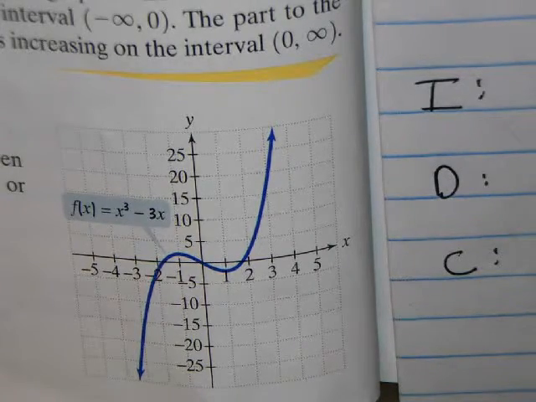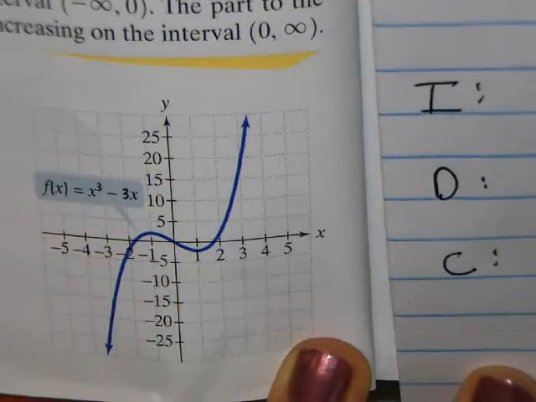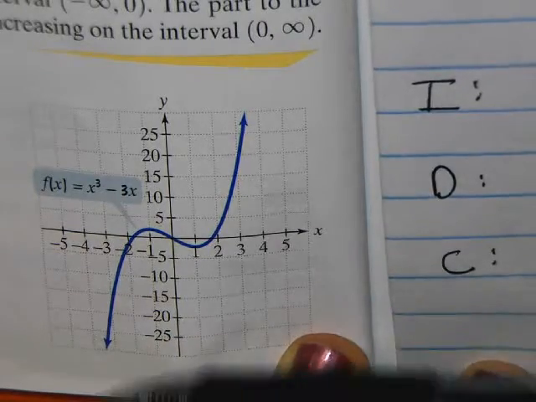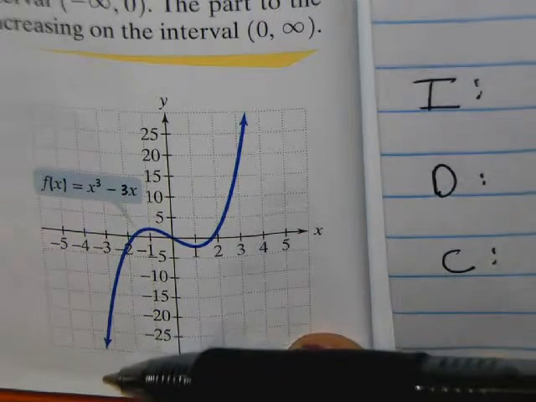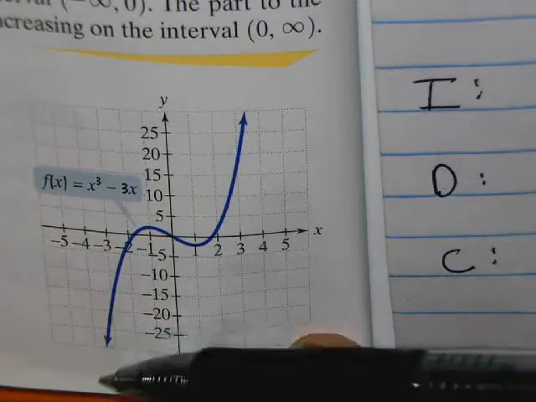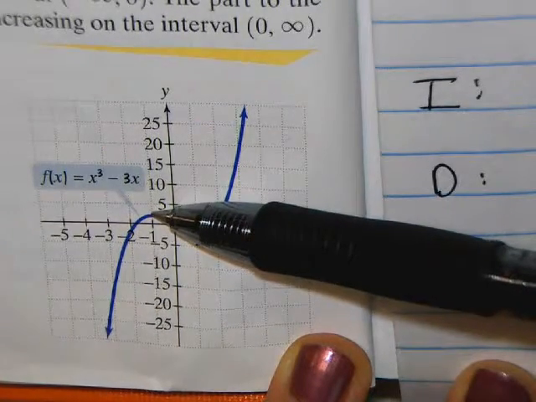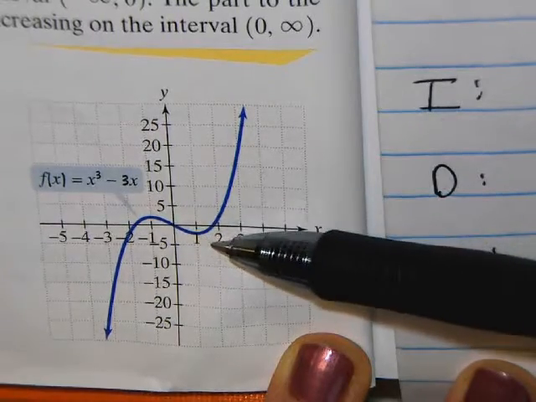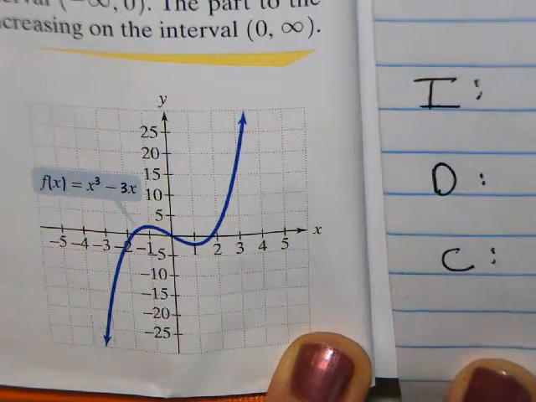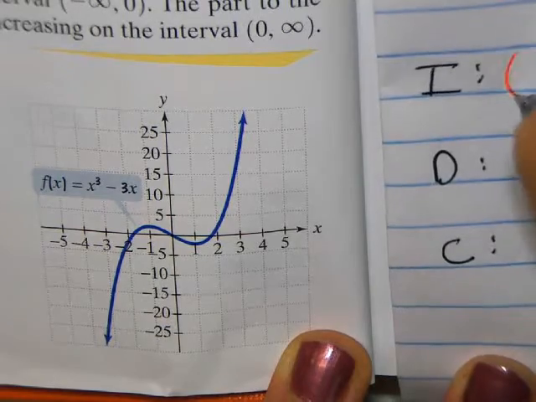Alright, let's talk. It looks to me that the function is increasing all the way up until this point at -1, and then it begins to shift and become a decreasing function. So I'm hoping you wrote that it increases from negative infinity to -1.